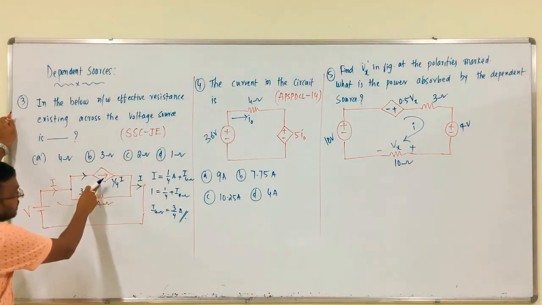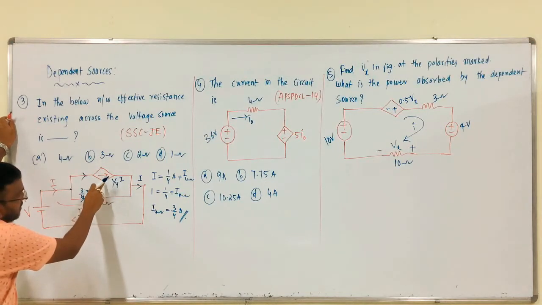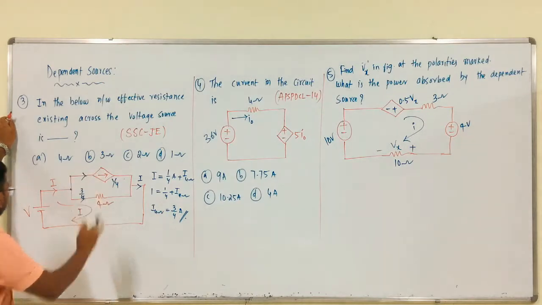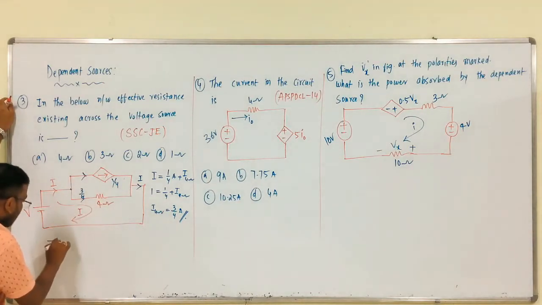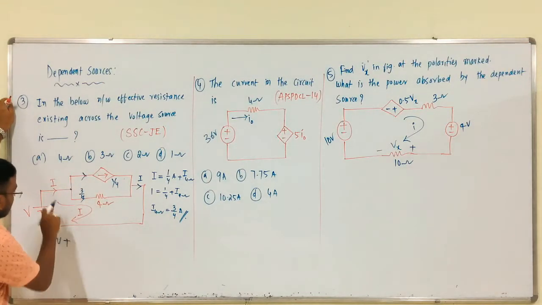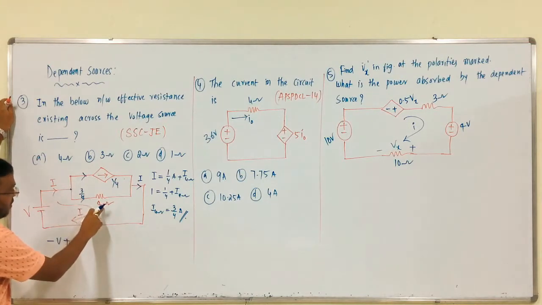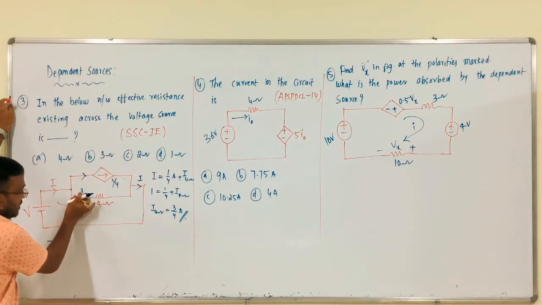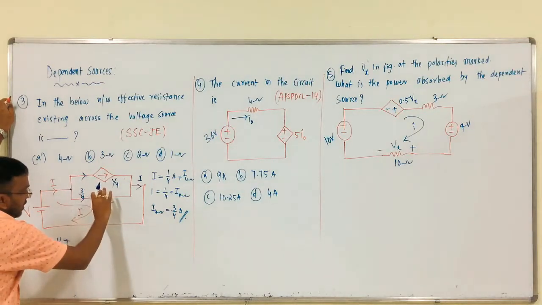Okay. This is the dependent source, the value of the dependent source is nothing but 1 by 4 I. Okay. So, starting from this, minus V plus I into what is the value of R? 4. Okay. That is what is the contribution of this branch current?